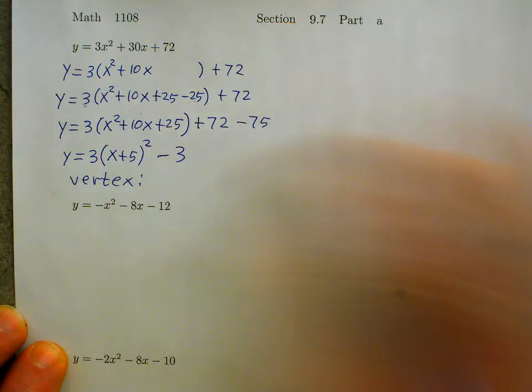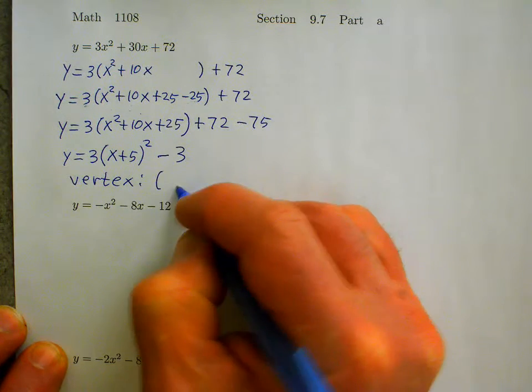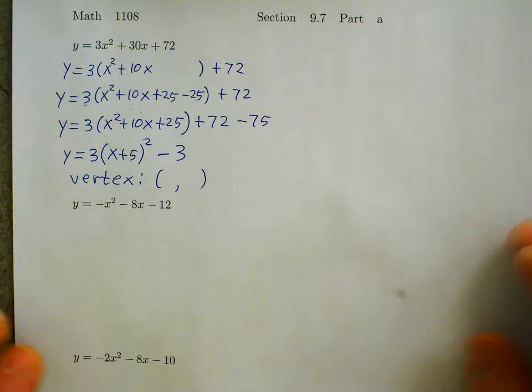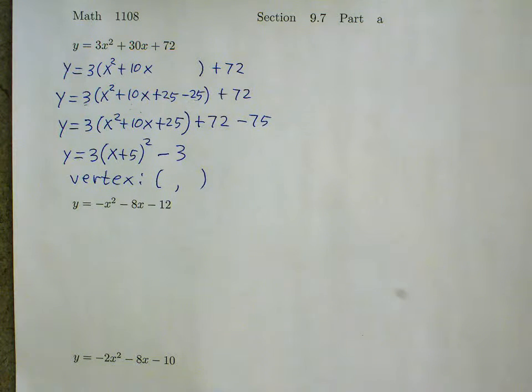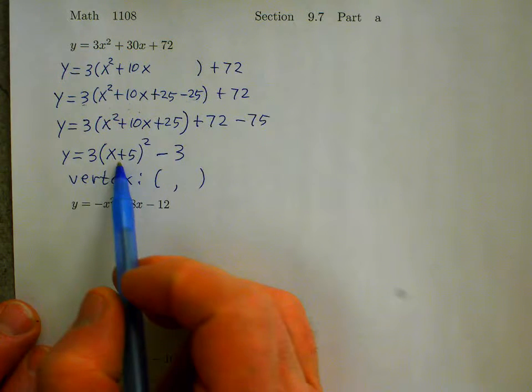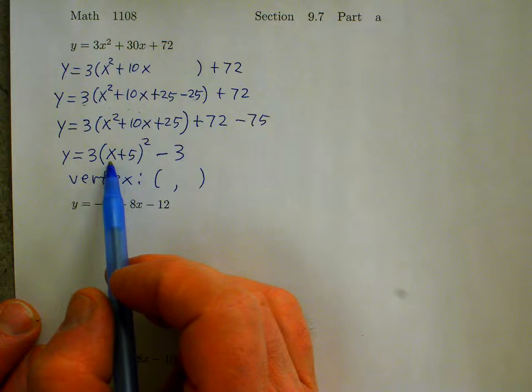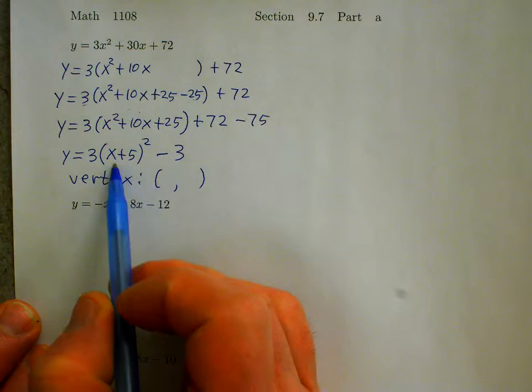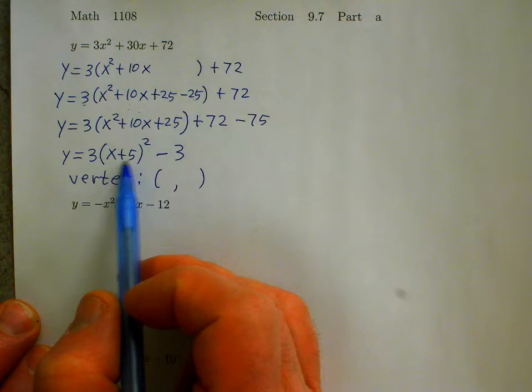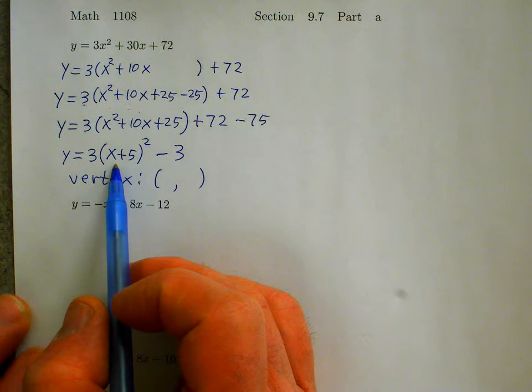Okay, so what are the x and y coordinates of the vertex for this parabola? 5 and -3. Well, remember the x coordinate of the vertex is the number subtracted from x on the inside.